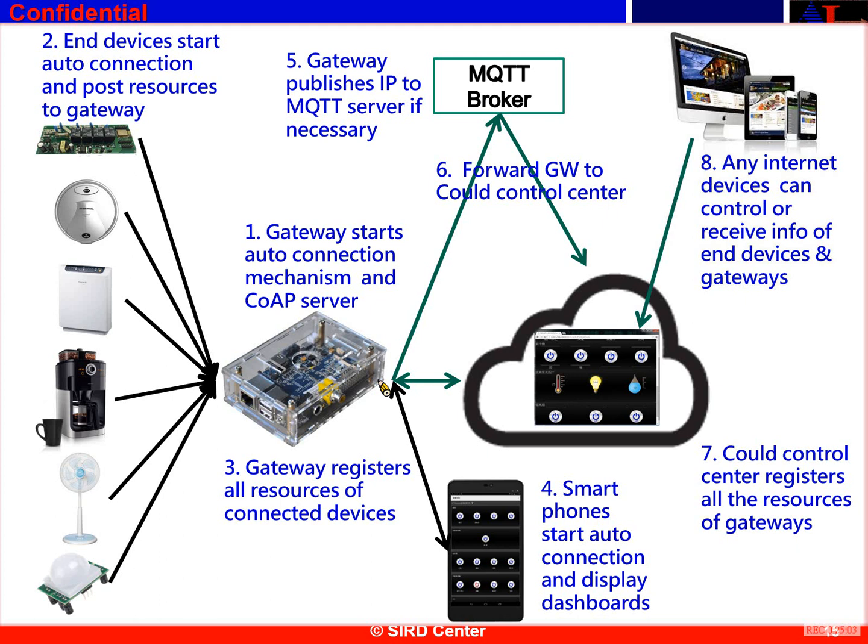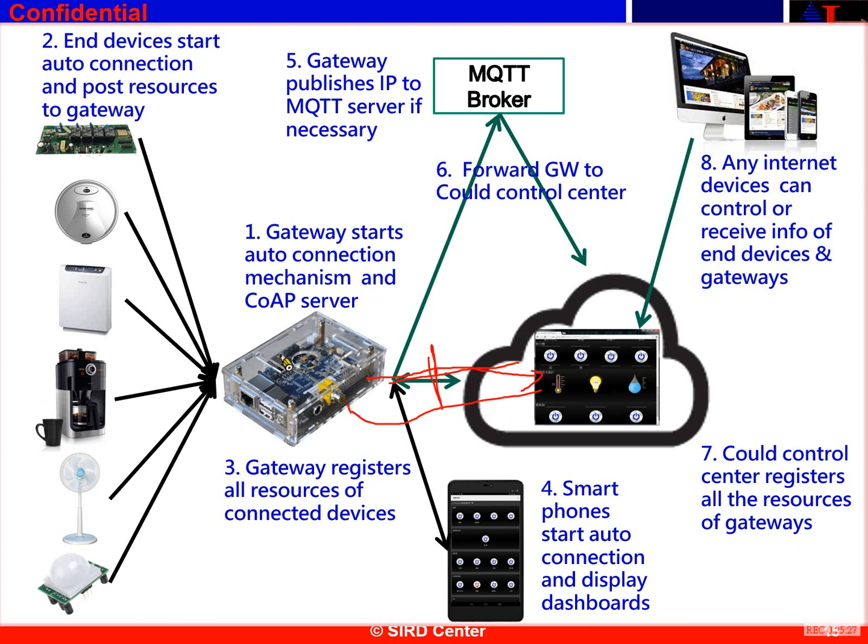How should I say that? You can send your IP first to this guy, right? Mm-hmm. In this way, it's always legal, because even if you have a firewall here, it's always legal. So this guy knows your IP address. Once you send a message to me, I can send a message back to you.